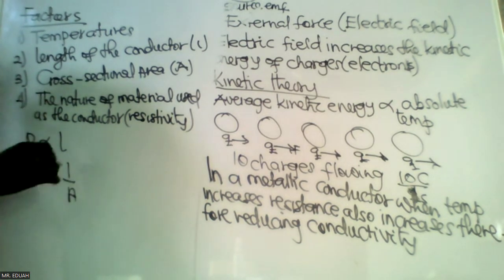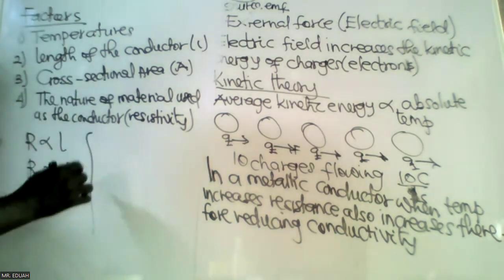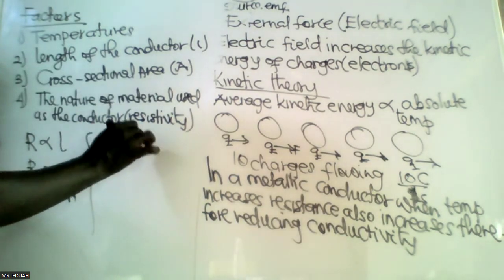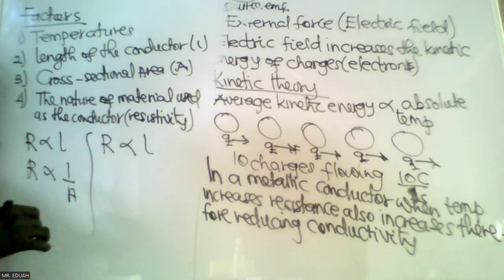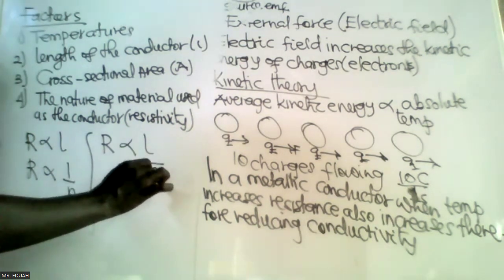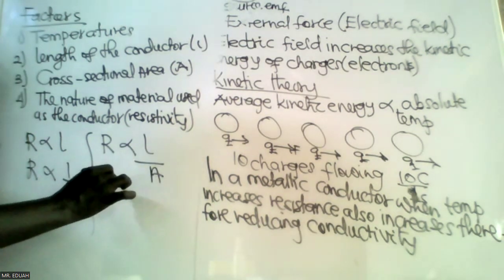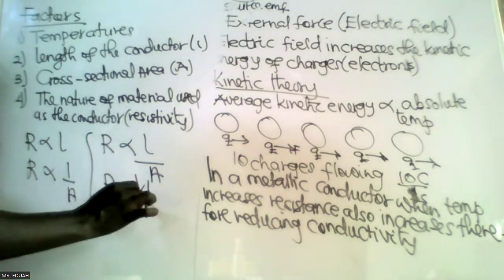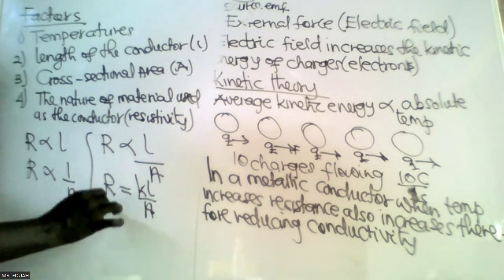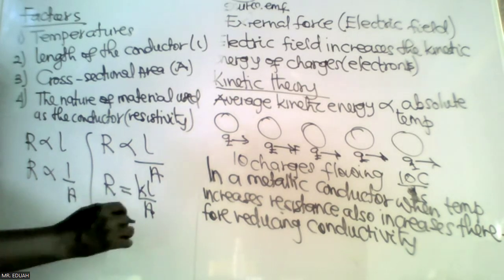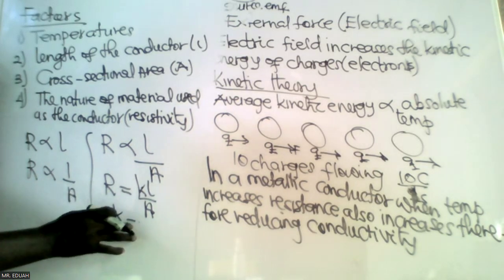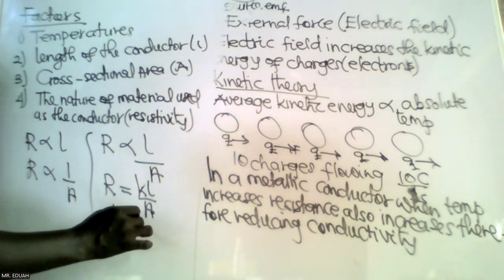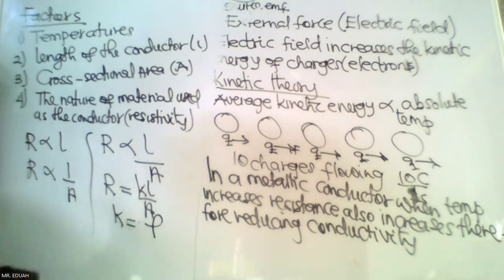And when we put them together, we have R directly proportional to L over A. R is equal to a constant of proportionality, L over A. This constant of proportionality is the specific resistance offered by the conductor, which we call resistivity.